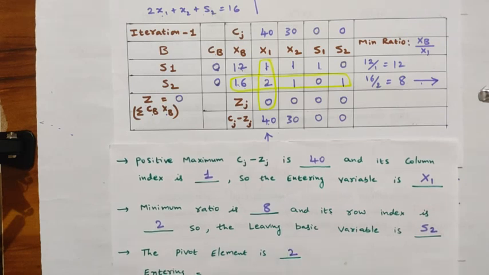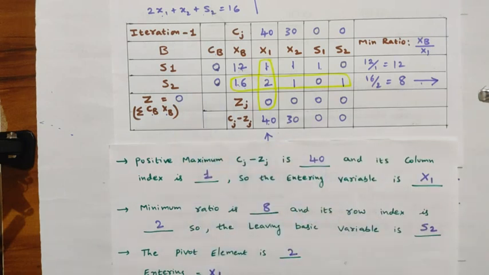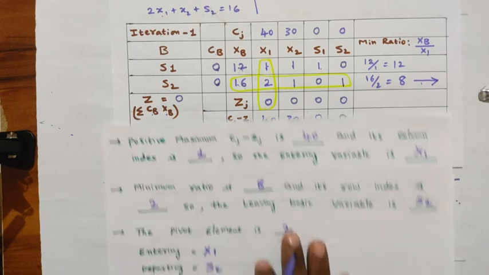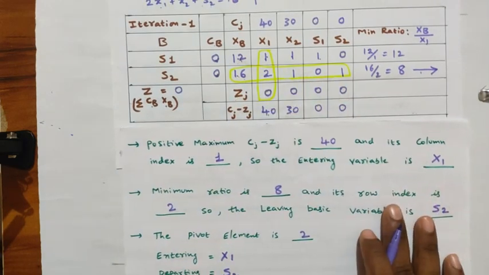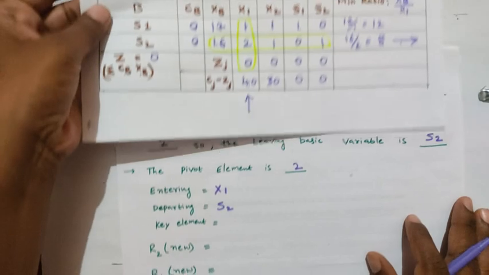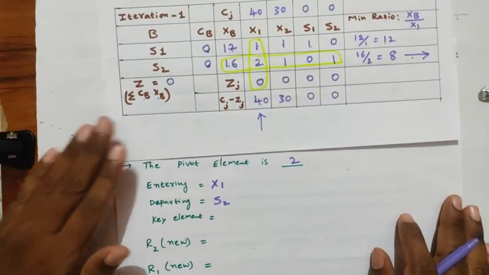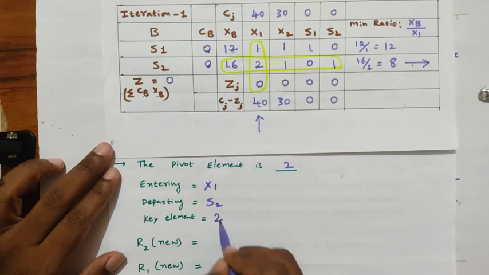The entering variable is x1, the departing variable is s2. Key element and pivot element are both the same, that is 2.